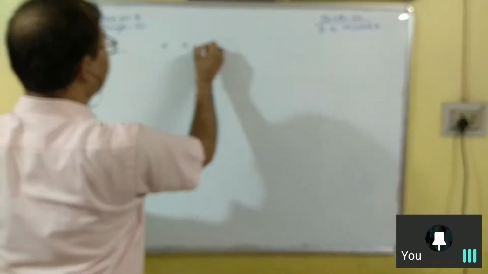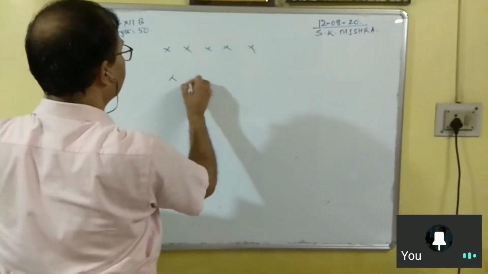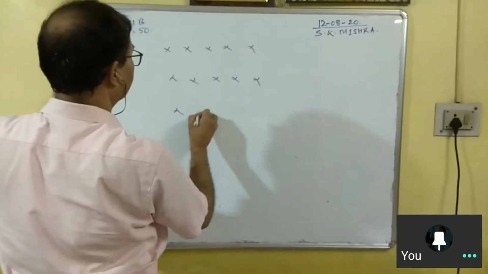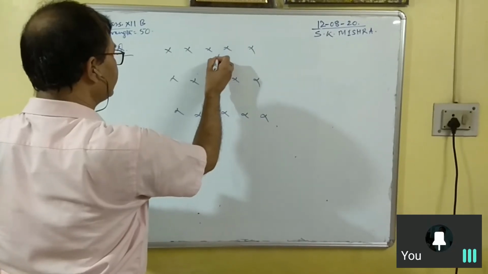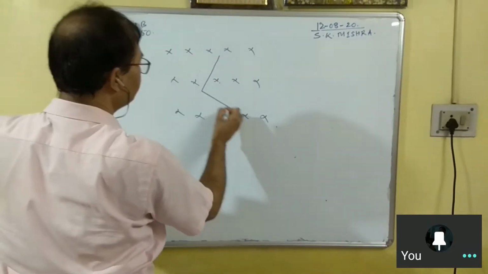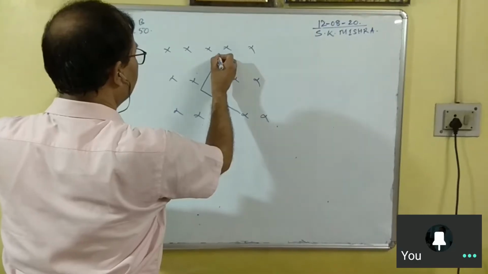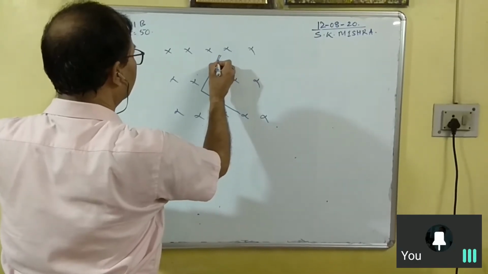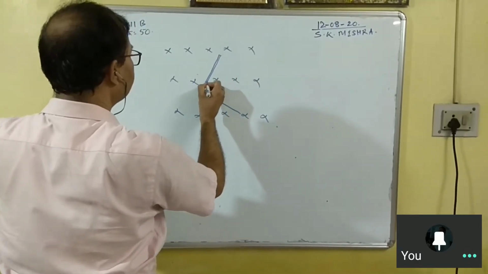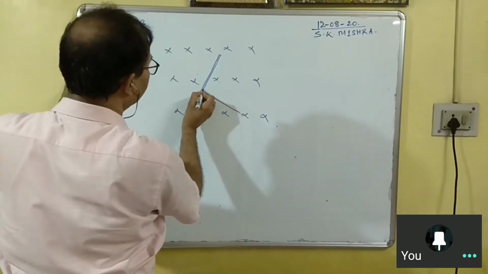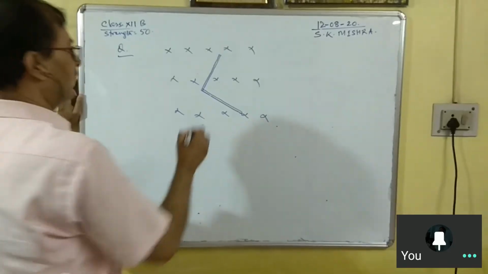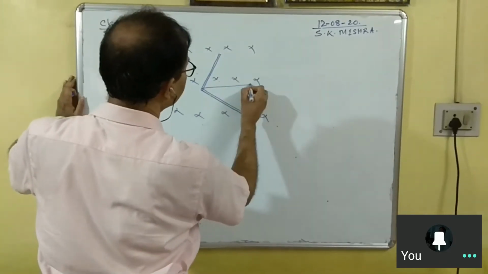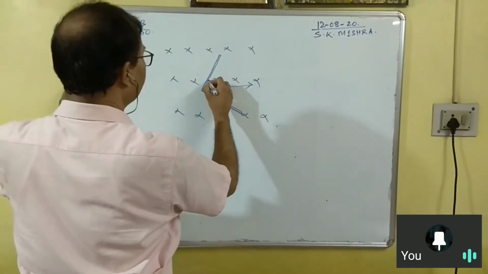If you have a magnetic field like this, and a rod of length L, I am putting one thin rod, and the rod is moving at some angle theta.